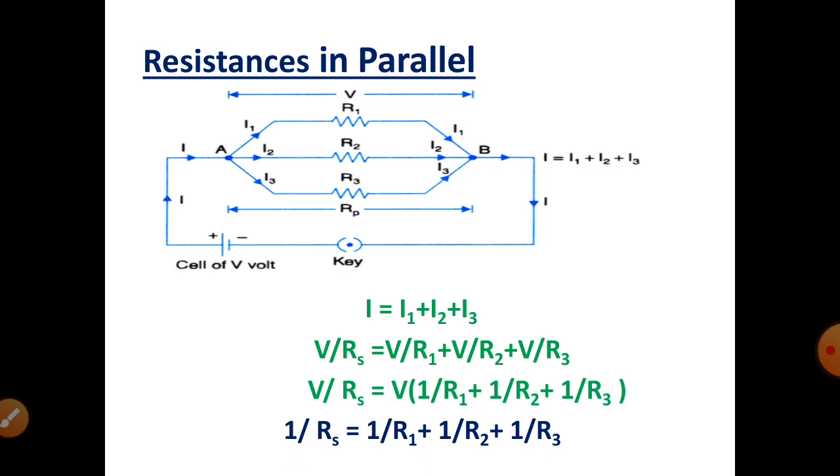So that 1 upon Rp is equal to 1 upon R1 plus 1 upon R2 plus 1 upon R3, as V on both the sides gets cancelled. So here the reciprocal of the resultant is equal to the sum of the reciprocals of the individual resistances.